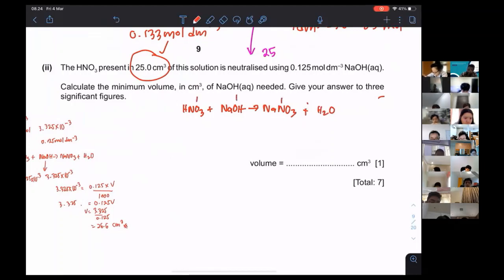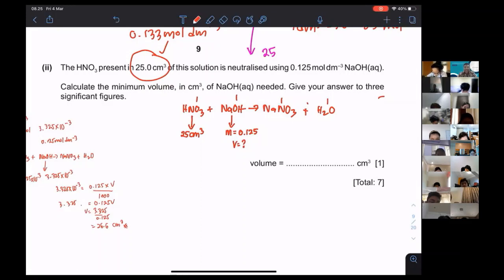Here they neutralize using a concentration of 0.125 mole per dm cube, and they took 25 cm cube over here. They are asking you what is the minimum volume needed to get this done.